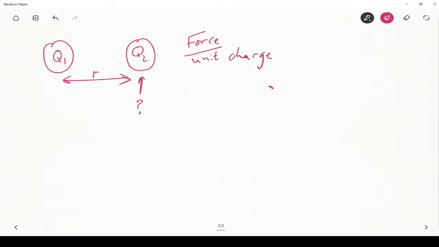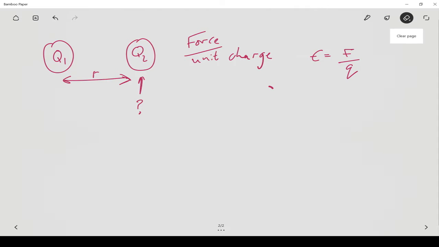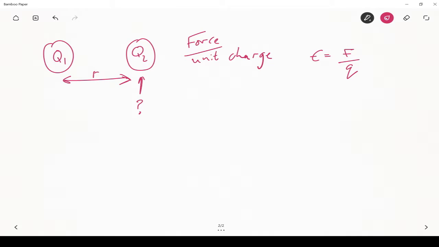So we take our equation for force, or E is equal to F over Q. Now this concept of field strength is not a new one. Field strength is usually force per unit quantity. So E is F over Q. Let's just have a look at F again. I'm going to call this Q2 because I want to know what is the field on Q2 created by Q1.